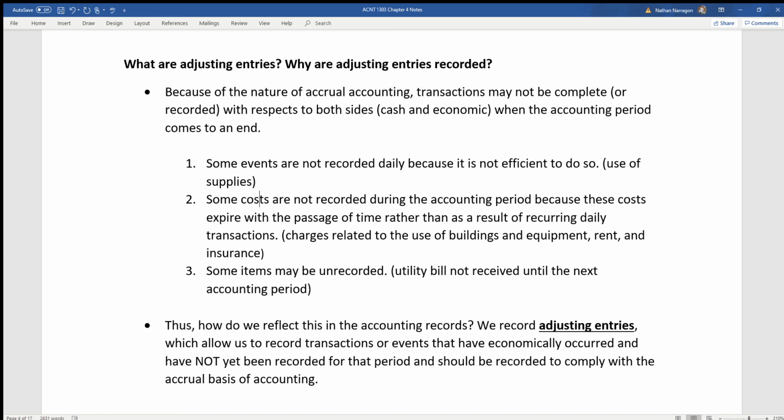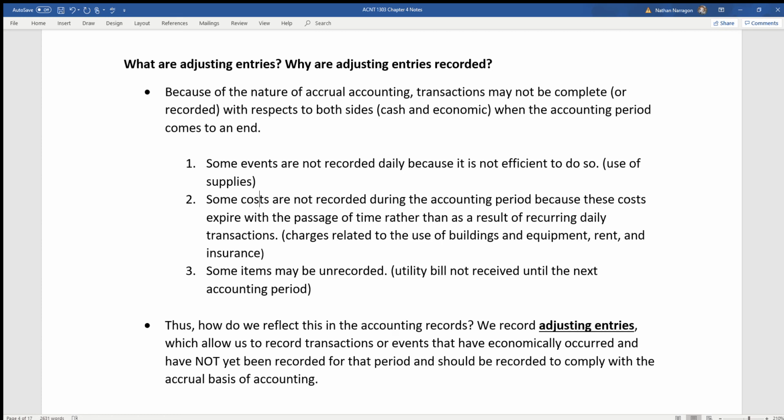Some costs are not recorded during the accounting period because these costs expire with the passage of time rather than the result of recurring daily transactions. This is, again, business and equipment. We're going to get into those. We use them, but we don't record the cost of using them until the end of the period.